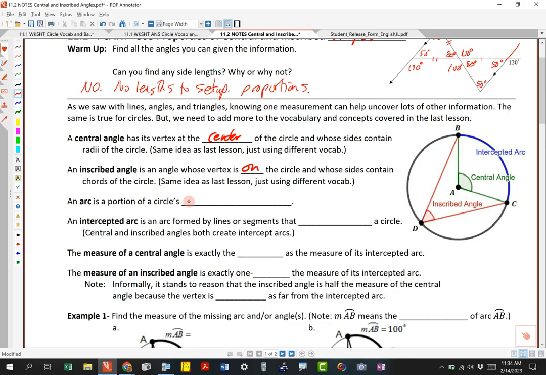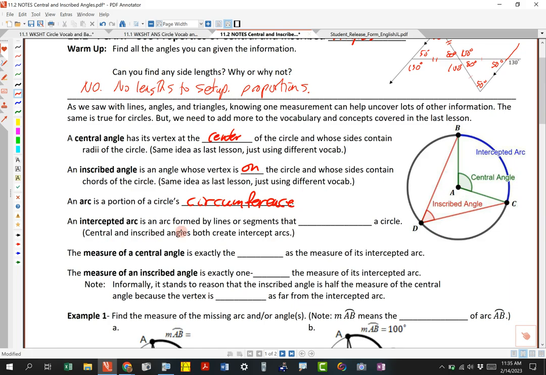Now we're going to talk about something slightly different. An arc is a portion of the circle's circumference. And we normally get that arc by cutting it up by sides or lines or points or something like that. So we normally chop things off. And this is what we call an intercepted arc. I've got a central angle in green, an inscribed angle in red, and then in blue out here, that's called an intercepted arc.